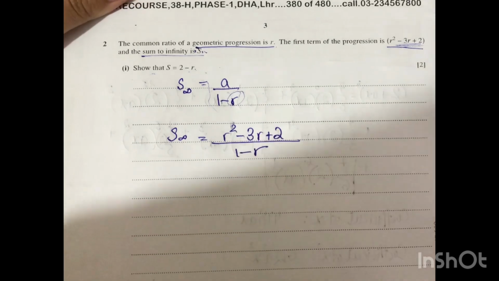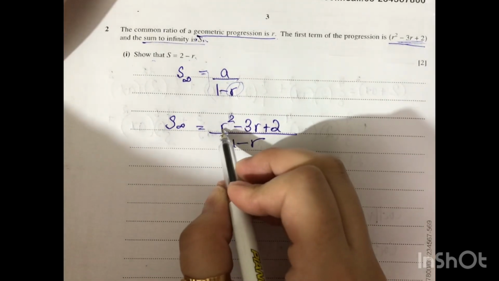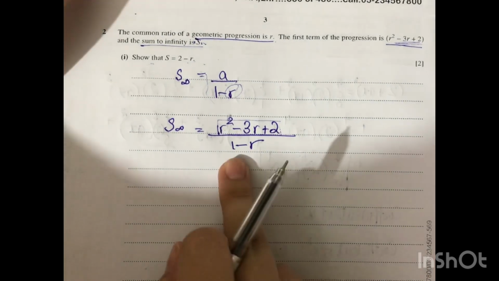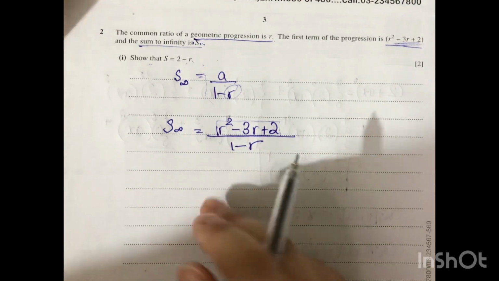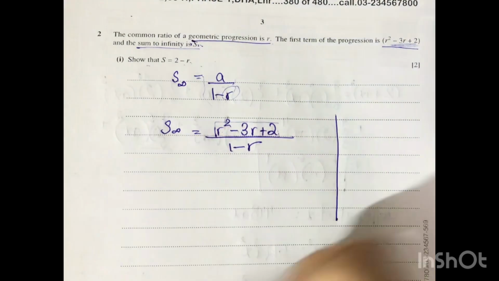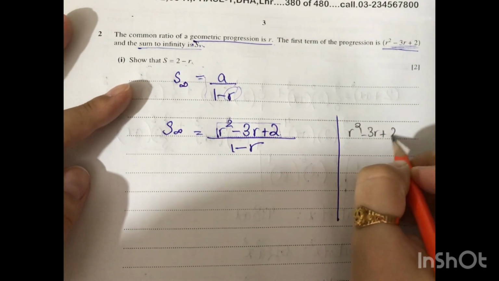So in order to simplify this fraction, we will need to factorize the numerator, and I'm pretty sure that one of the factors will be 1 minus r. So let's do it on the side over here. r squared minus 3r plus 2.